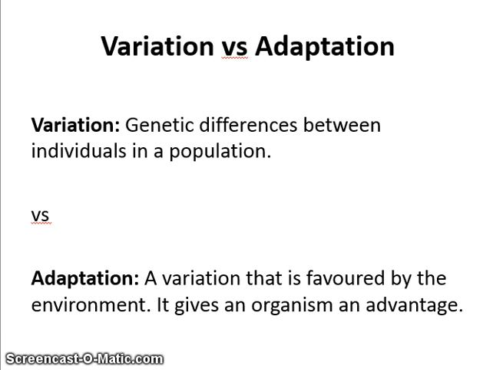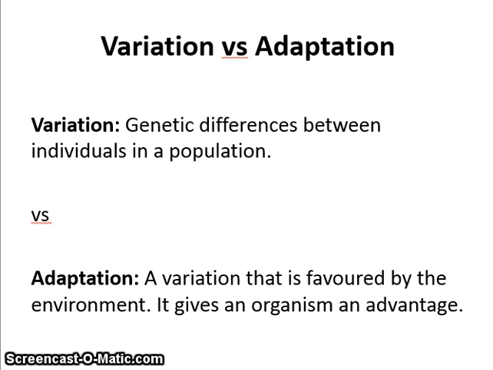It's important also to know the difference between variation and adaptation. When we talk about a variation, we're talking about those genetic differences between individuals and the phenotypic differences in terms of the characteristics they show. So for example, is it a red beetle or a yellow beetle, or is it an orange beetle? An adaptation is specifically a variation that is favoured by the environment.